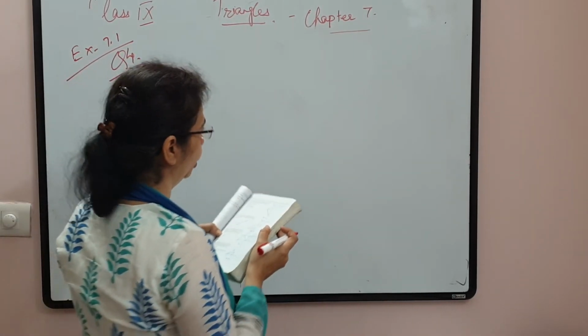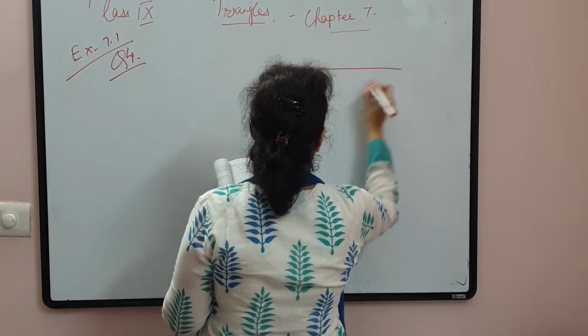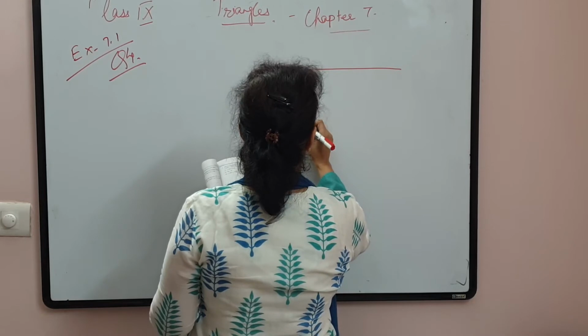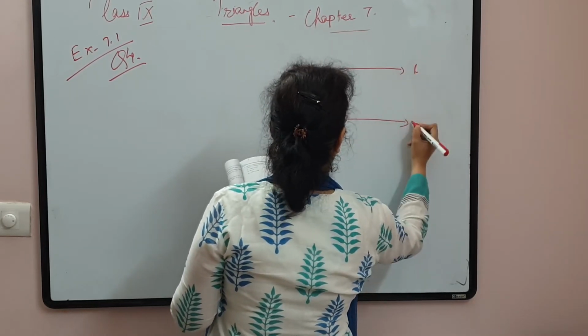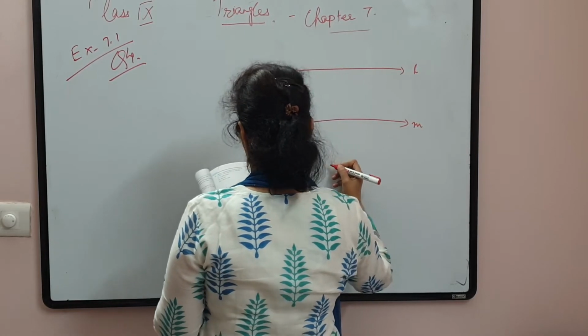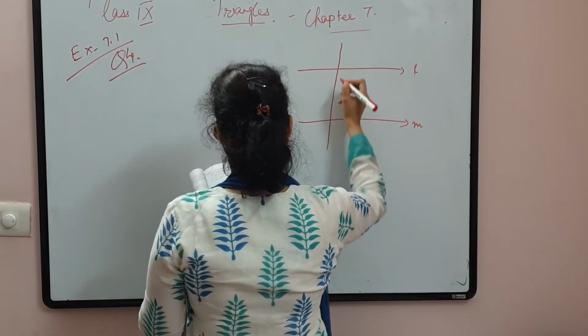They have given you two lines which are parallel to each other. L and M. Another two lines they have given, children.